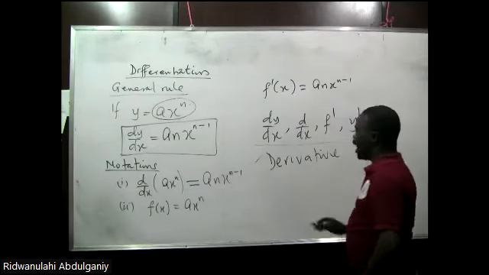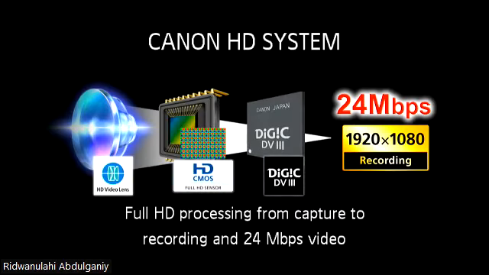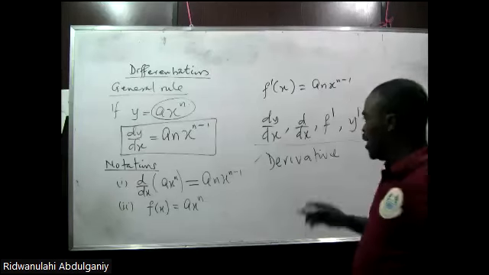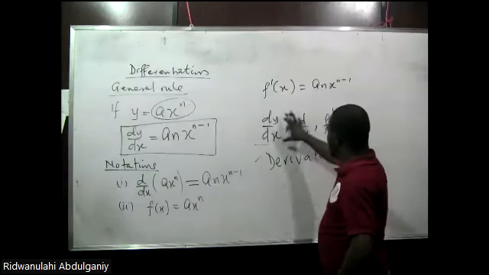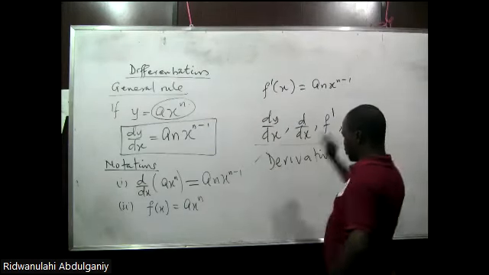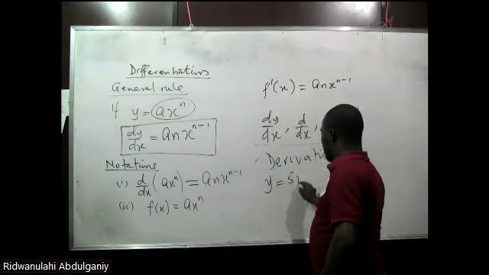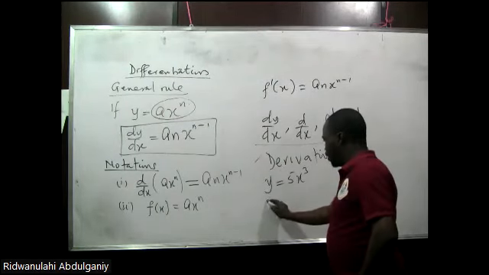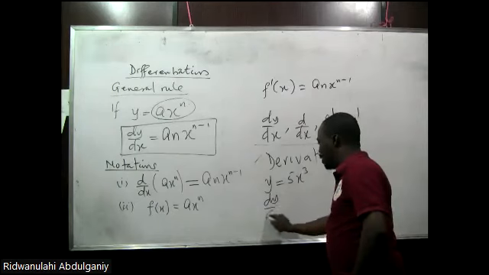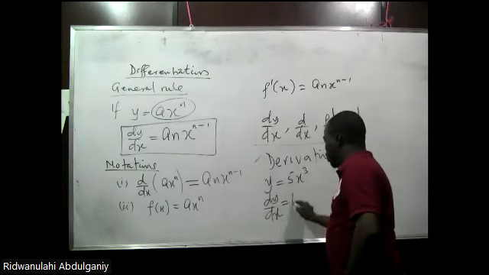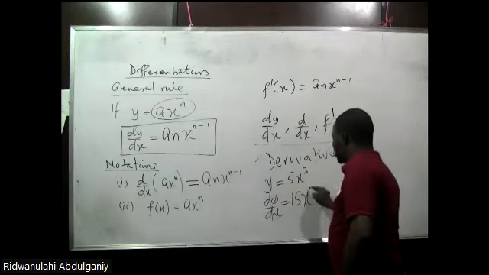It now depends on how the question is structured. Let me pick a single question that I will use all 4 notations for. If I have given you y equals 5x cubed, the notation that follows is dy dx equals 15x raised to the power 2.